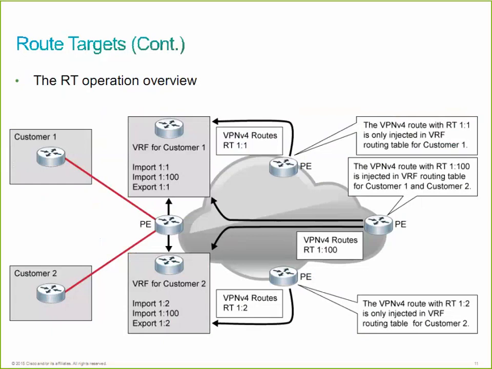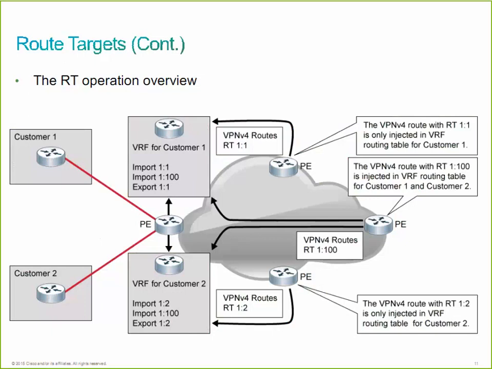When the PE router receives a VPN v4 route, okay, and we can see we've got a VRF for customer 1, we've got import 1:1, import 1:100, export 1:1, and so on. So these are routes that are either being imported into the VRF from the customer side, or they're being exported from the VRF to the other customer side, okay?